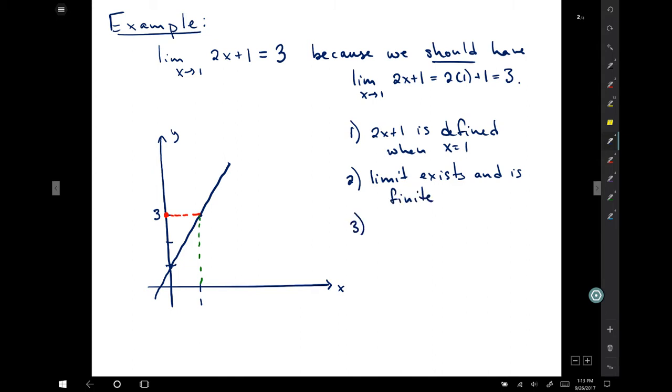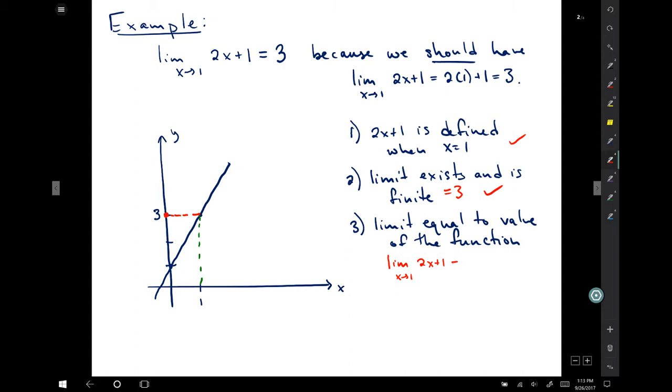And 3, the limit is equal to the value of the function. So 2x plus 1 is defined. The limit exists and is finite. It is equal to 3. And the limit is equal to the value of the function. We do have the limit as x goes to 1 of 2x plus 1 equal to 2 times 1 plus 1. Great. Again, these are the boring limits. A function being continuous does not give you an interesting limit.